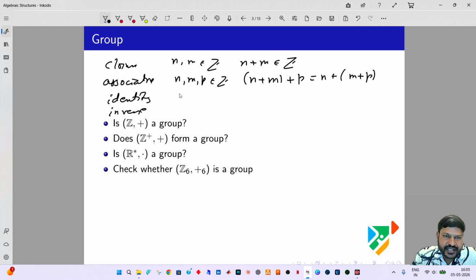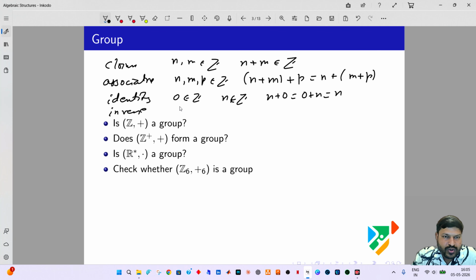Next is identity. Identity is that element in the group which, when added with any other integer, will give you the same integer. So the identity in this group is 0. 0 is an integer, and you pick any element n from the integers, n plus 0 or 0 plus n, both give the same integer n.